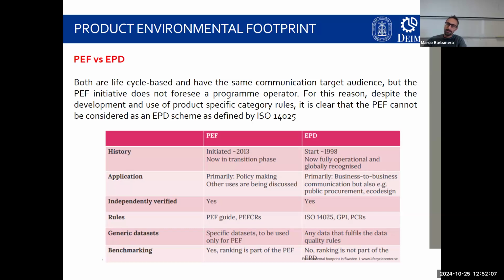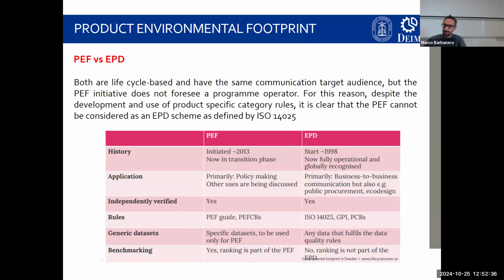And so with the PEF scheme, the European Commission wants to overcome this problem, wants to obtain environmental results more comparable between different products belonging to the same product category.